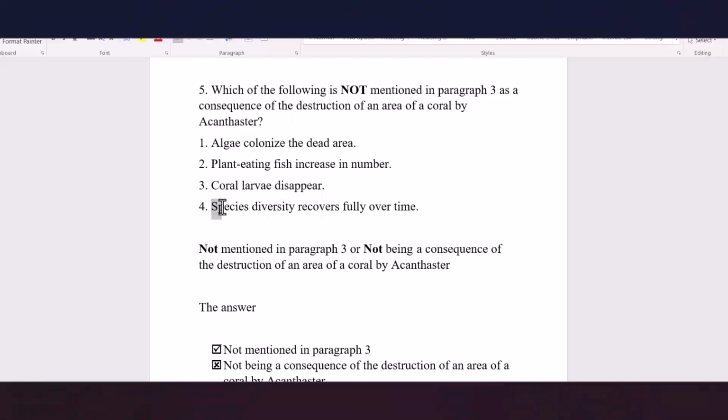But in the case of option 4, it is vague and we are unclear whether or not this option has been mentioned as a consequence of coral destruction in paragraph 3. We don't know. Now that we are unclear about option 4 and we are certain about option 3, definitely we choose option 3. This is the difference between option 3 and option 4.